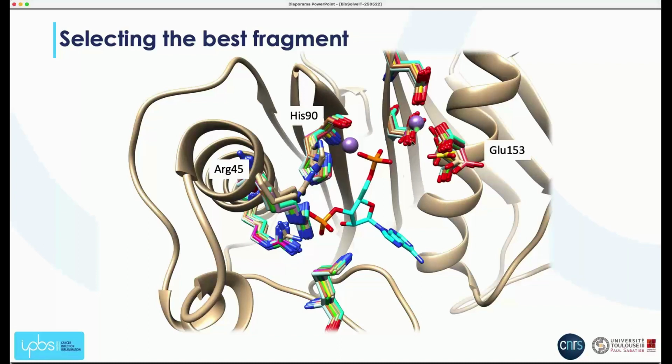And you can see that the side chains are very conserved across the structures. You can see that this lysine does not have a single conformation in all structures. It's the same for this glutamic residue, for this one, and for the arginine over there. But if you look at the three residues we identified on the previous slide from the mechanism, you can see that in some structures, the glutamic 153, which usually interacts directly with the manganese ions, actually interacts with the fragment instead of interacting with the cations.